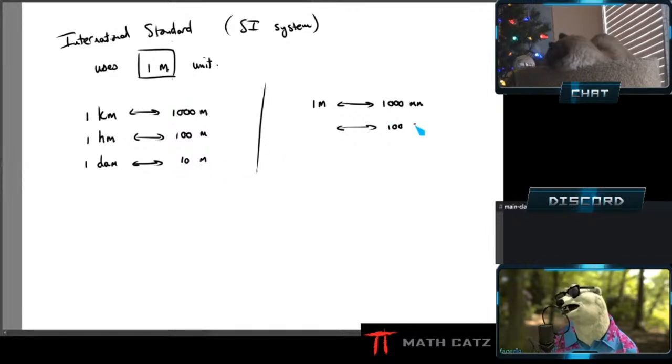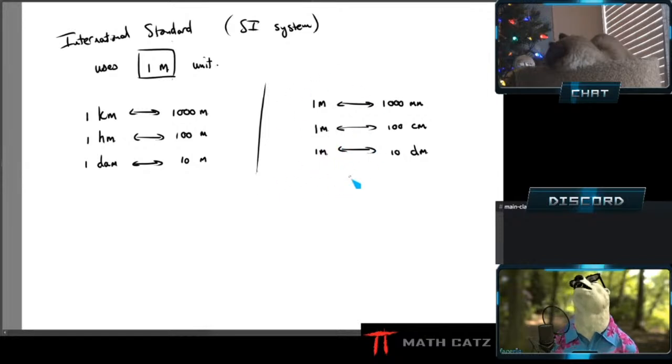So I have a slightly bigger unit, which is the centimeter unit, and 100 of them make up 1 meter. And then I have the less common decimeter. 10 of them make up 1 meter.